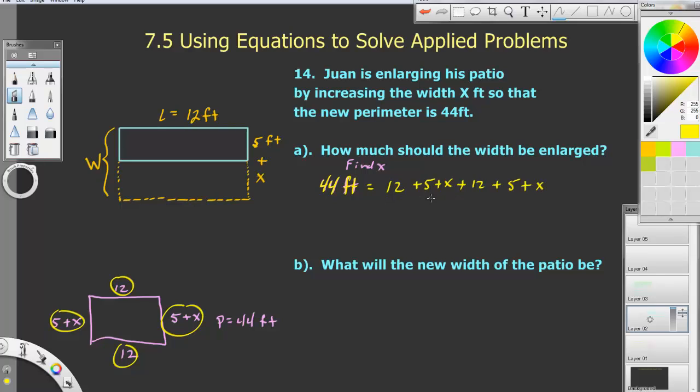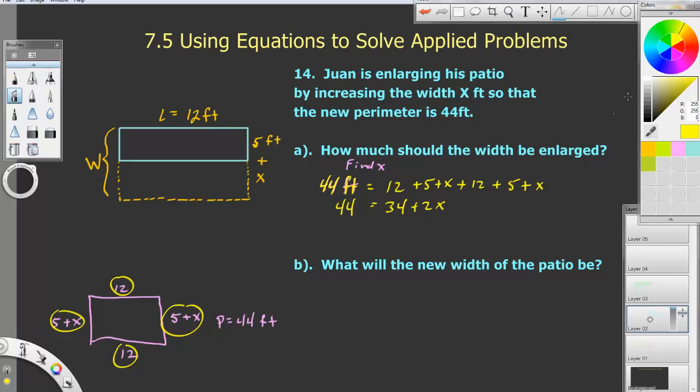If we add up all the numbers, that's going to be 12 and 5 and then 12 and 5 again. That's 17 plus 17, which is 34. Now what about the x's? Well, I have 1 here and I have 1 here. So that's going to be plus 2x. So 44 equals 34 plus 2x.